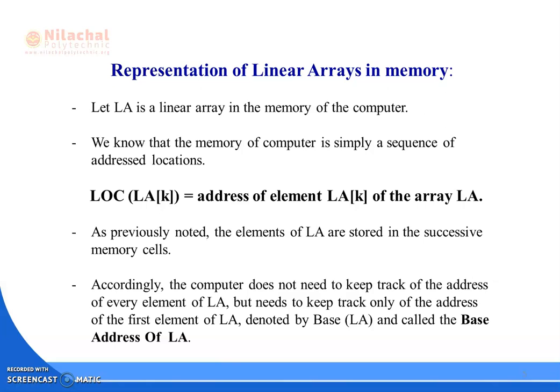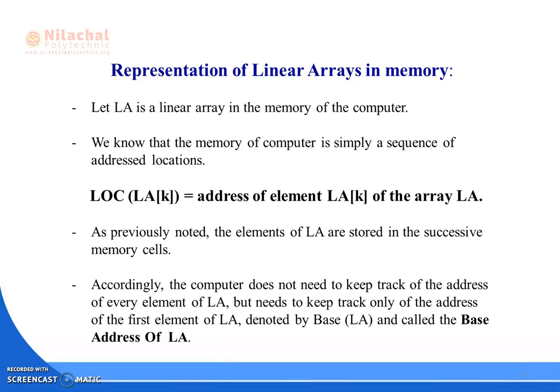We have already known that the elements of the array are stored in successive memory allocations. That is, each and every element has the same amount, the same bytes, of memory. Accordingly, the computer doesn't need to keep track of all the addresses of every data element of any array.